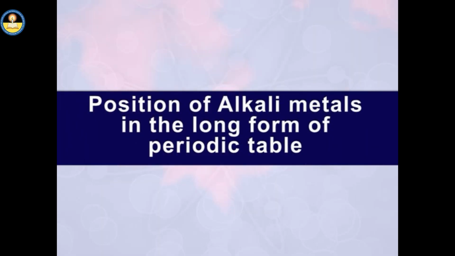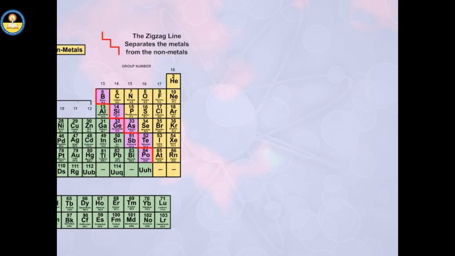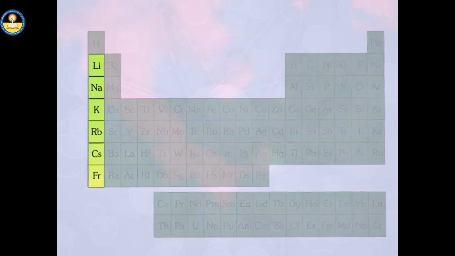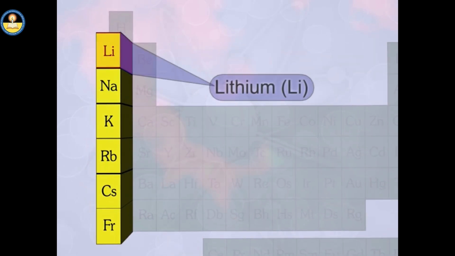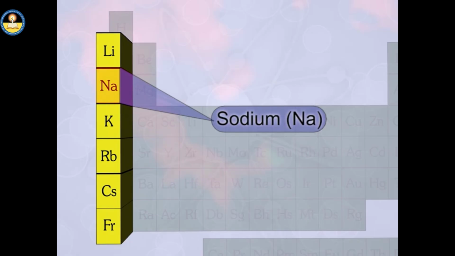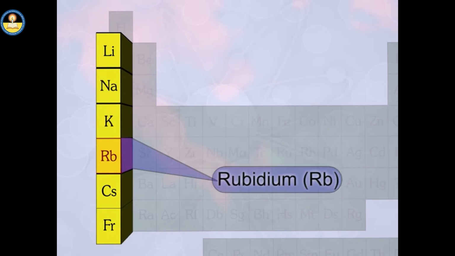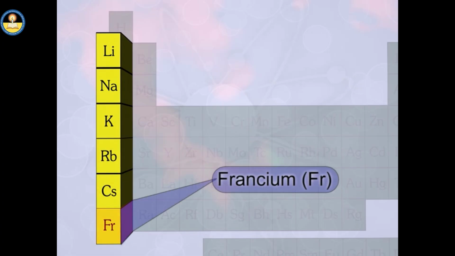Position of alkali metals in the long form of the periodic table. Group 1 of the periodic table comprises 6 elements: lithium, sodium, potassium, rubidium, cesium, and francium.